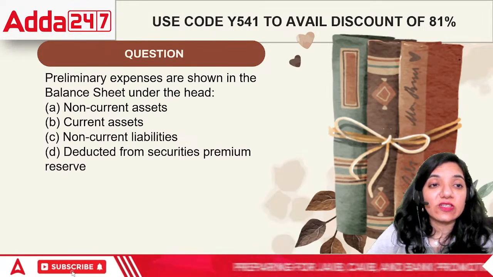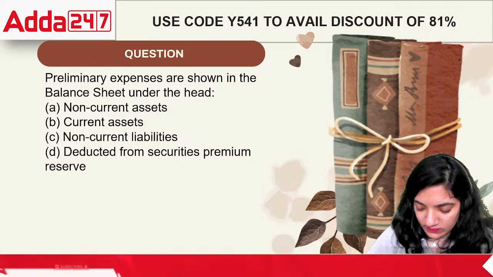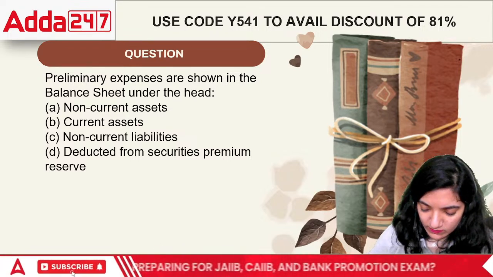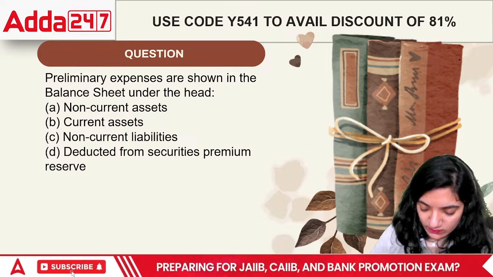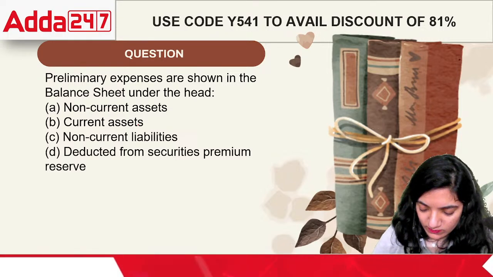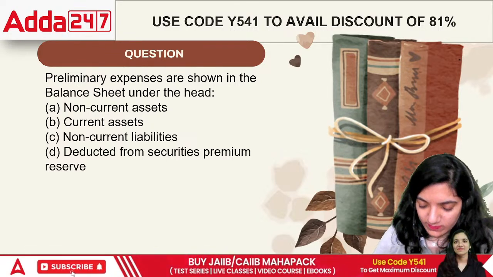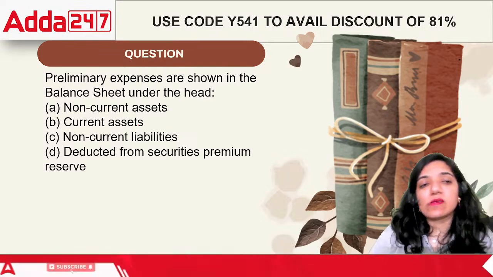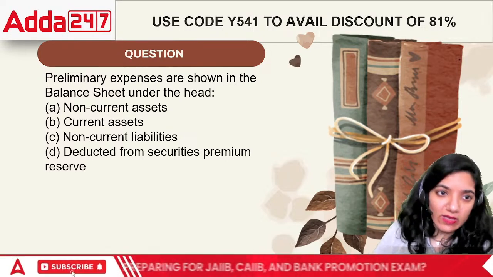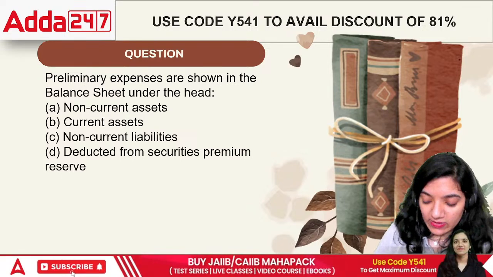Preliminary expenses are shown in the balance sheet as under: as non-current asset, current assets, non-current liabilities, or current liabilities, everyone.